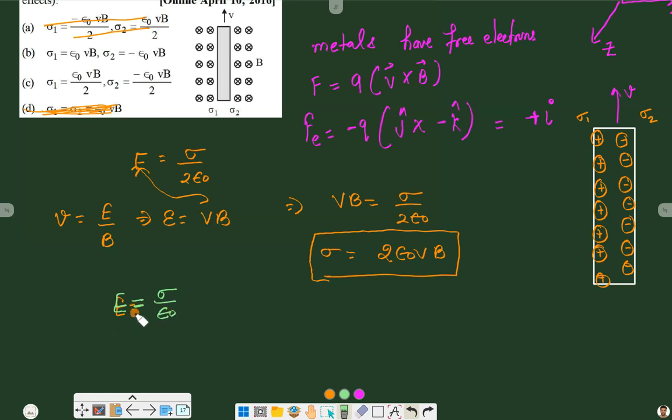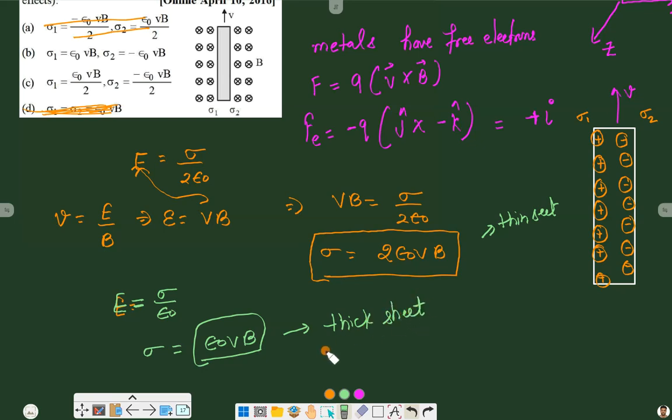Using these expressions, we get sigma is equal to epsilon naught VB. This is for the thin sheet and this is for the thick sheet. So our answer only matches for the thick sheet. So option B will be the right answer.